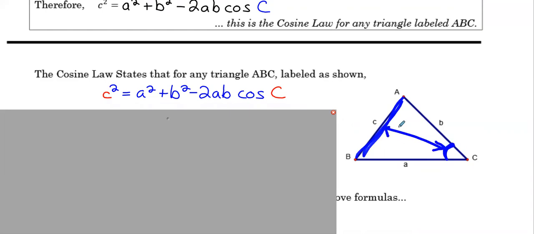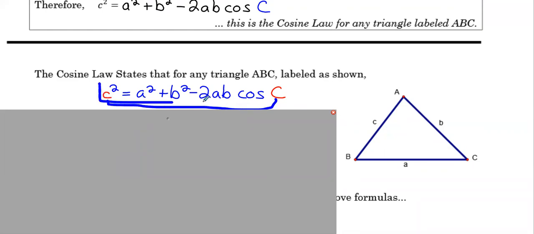The side is opposite that angle and the angle is opposite the side. So notice lowercase c and capital C on either ends of the formula. The first part of the formula looks a lot like Pythagorean theorem, but then you have this minus 2ab cos C. So what you're going to need to be able to find c is the other two side lengths and the angle that is formed between those two side lengths to be able to use this formula.